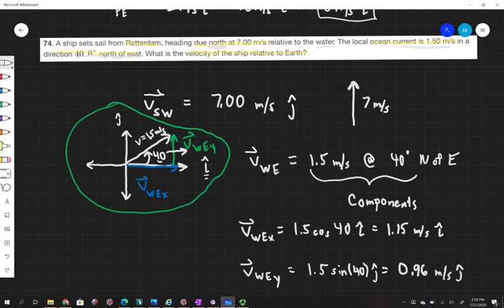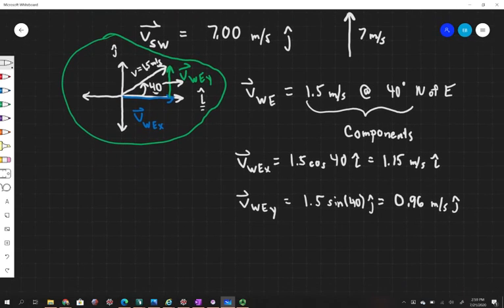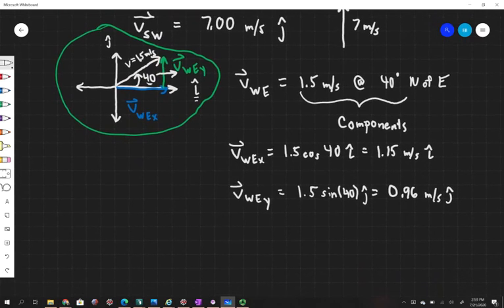So how do I find what the velocity of this ship is relative to the Earth? Well, I can use my vector notation. Velocity of this ship relative to the Earth has to be equal to the velocity of the ship relative to the water plus the velocity of the water relative to the Earth. And that's in vector form. Because this is in vector form, I need to add it up in vector format.